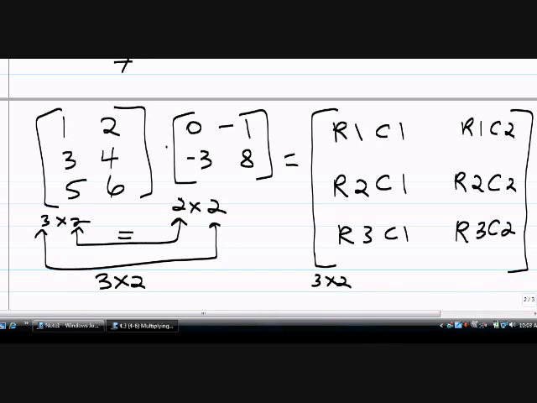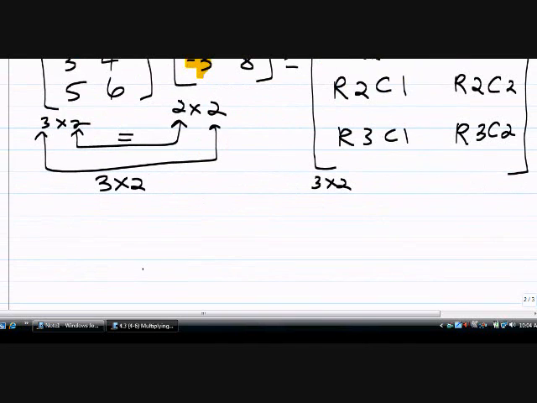So in the first slot goes row 1, column 1. 1 times 0 plus 2 times -3, better known as -6.